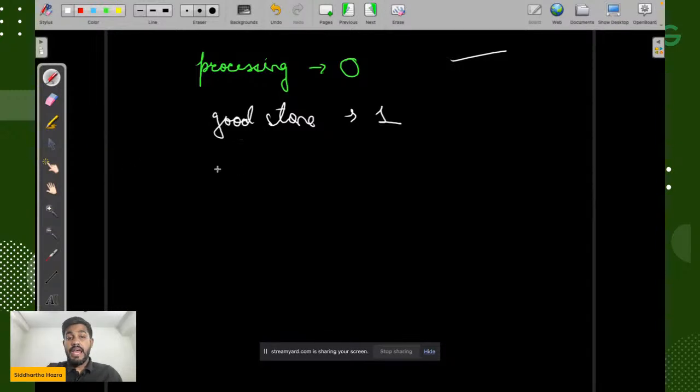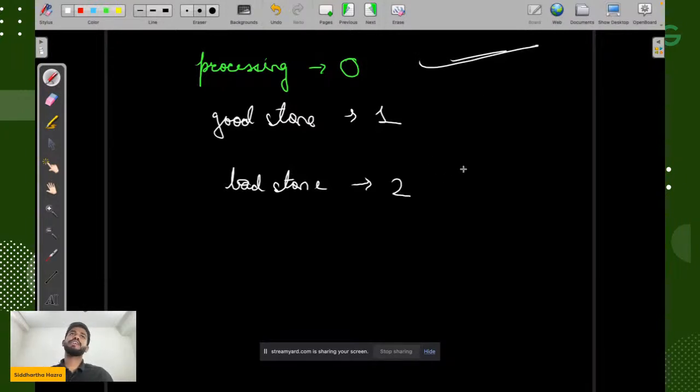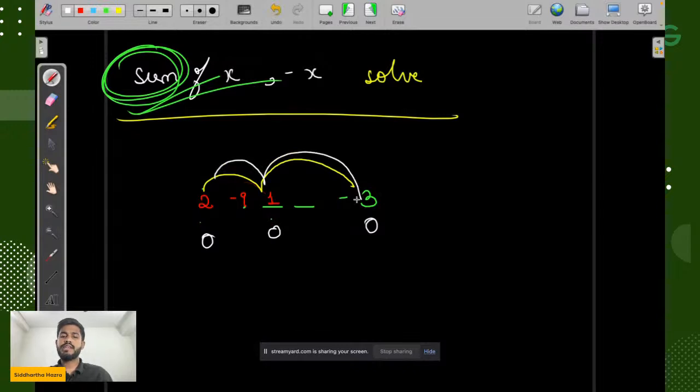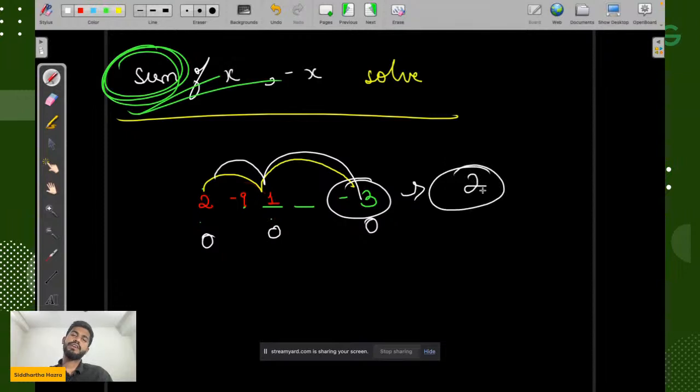If it is a bad stone, I would return 2. If I'm processing, I would return 0, as the value is still not defined. If it is a good stone, I would return 1. If we see the same result again, on the same path, the same loop condition, then I would return 2.